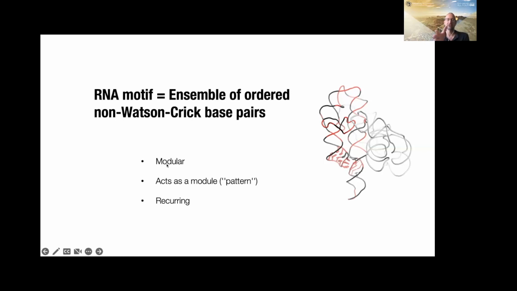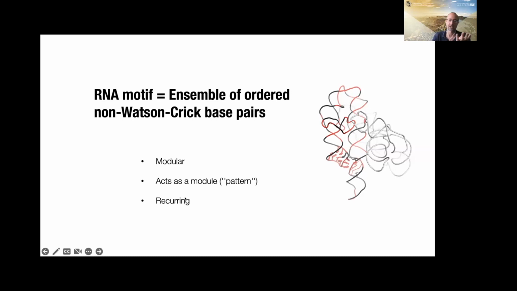Like I showed you on the previous slide, you can have different combinations of As, Us, Gs, and Cs that are nonetheless going to give the same tertiary structure. So it's modular within, if you will, the nucleotides, the base pairs. But the whole thing itself is a module. Like you've seen it in different other molecules. So it can be taken out, basically plugged into something else and have the same purpose during RNA folding.